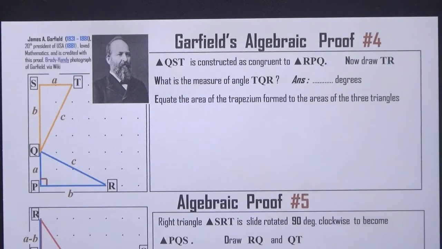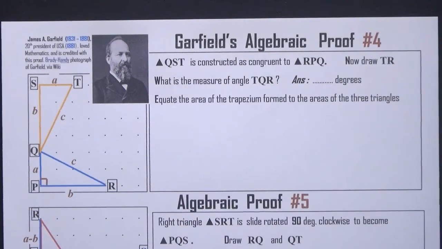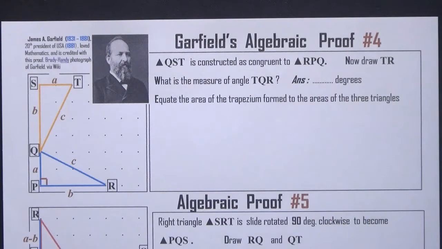Algebraic proof number 4 is known as Garfield's proof, that is, President James Garfield, the 20th President of the USA. He had a great love of mathematics, and this is a very neat proof. Triangle QST is constructed as a 90-degree clockwise slide rotation of triangle RPQ.